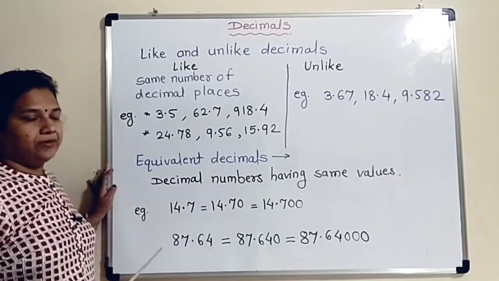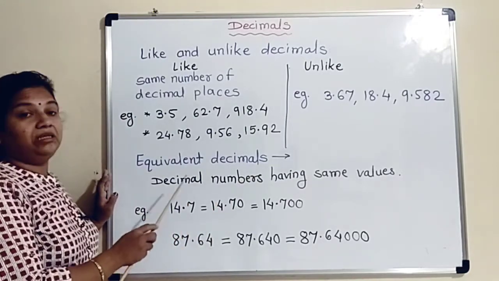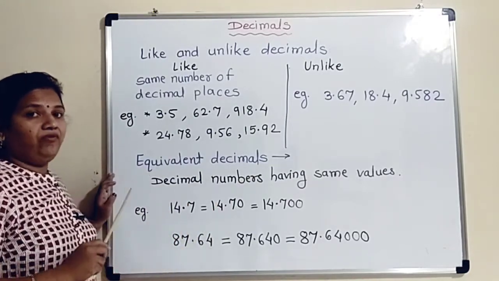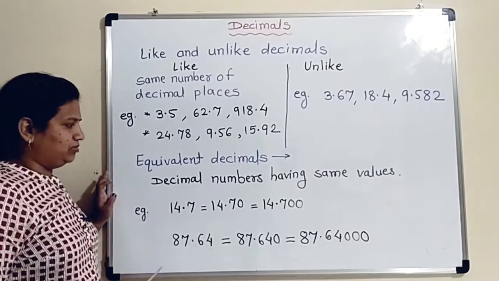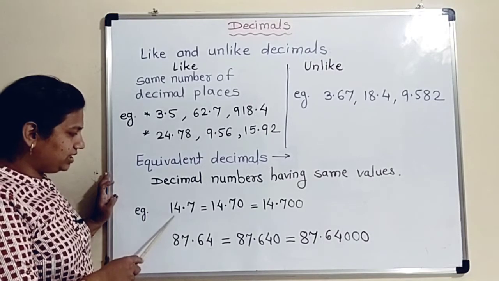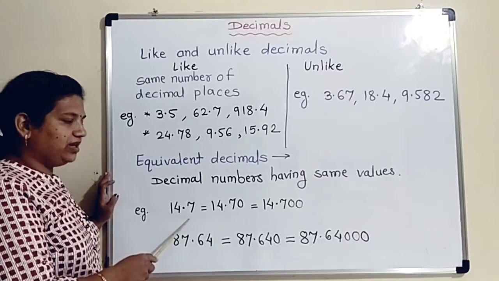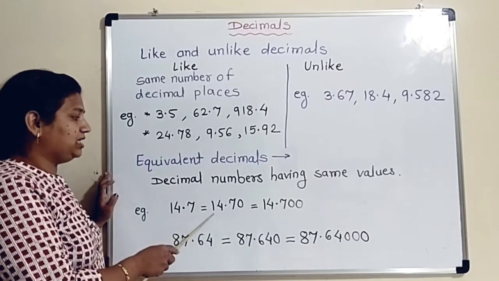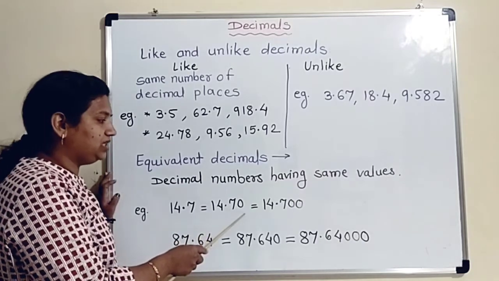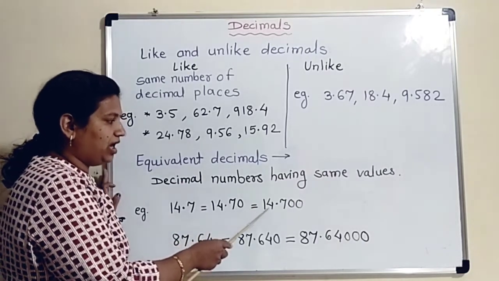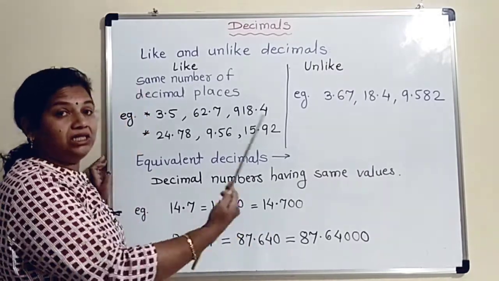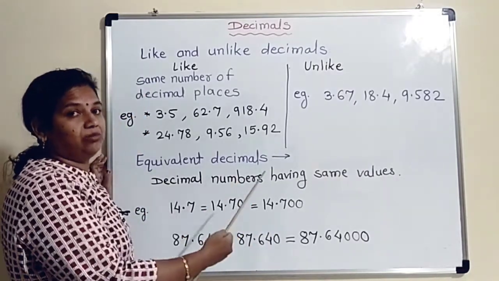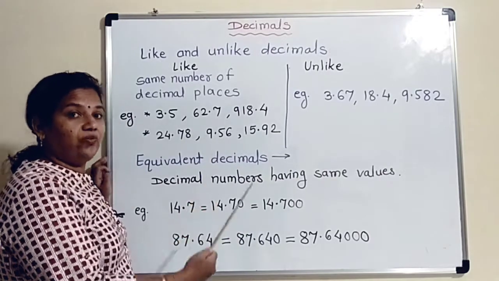Equivalent decimals. When the decimal numbers have same value, then they are said to be equivalent decimals. Here you can see the example. 14.7 is same as 14.70 is same as 14.700. That means adding zeros to the right hand side of the decimal place will not change its value.